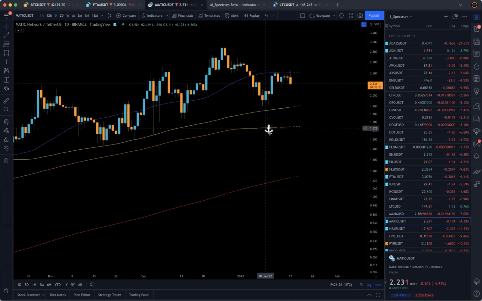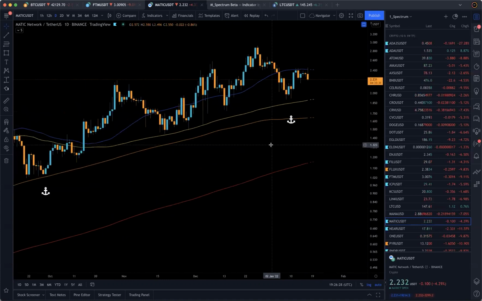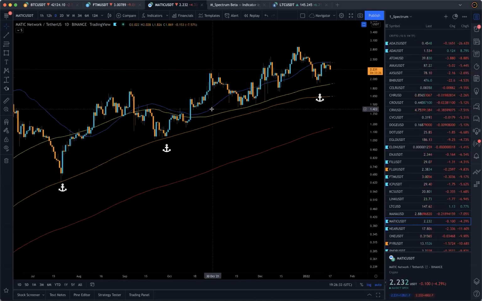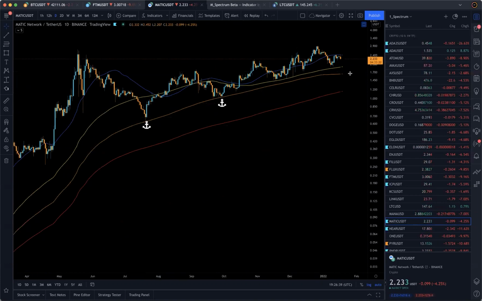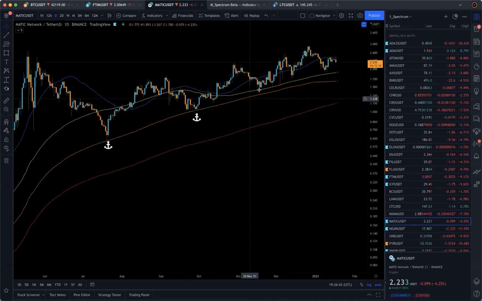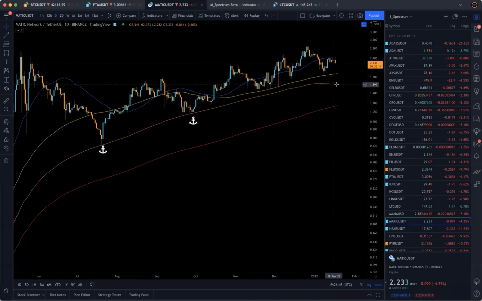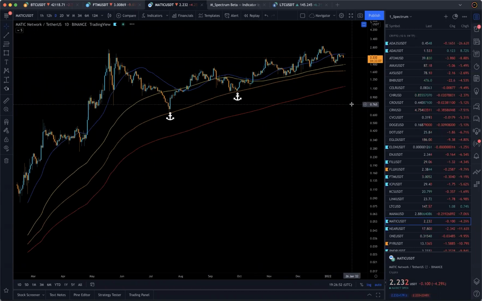Matic, I see some weakness. Okay, now look at the blue. It was definitely very strong. I think for Matic, the orange line is the most critical line. Look, because it's supported here, stayed above. This is the most important line, because if this is broken below, then it goes for the red one.